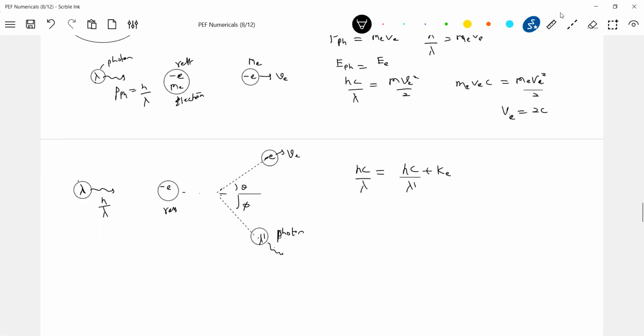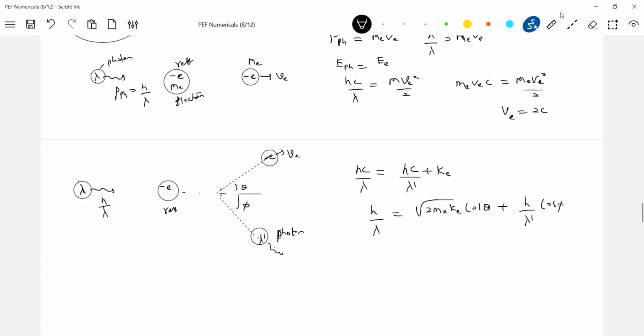The initial momentum is h by lambda. This should be equal to root of 2 m_e KE cos theta plus the momentum of this photon, h by lambda dash cos phi. That is the conservation of momentum along the x-axis.